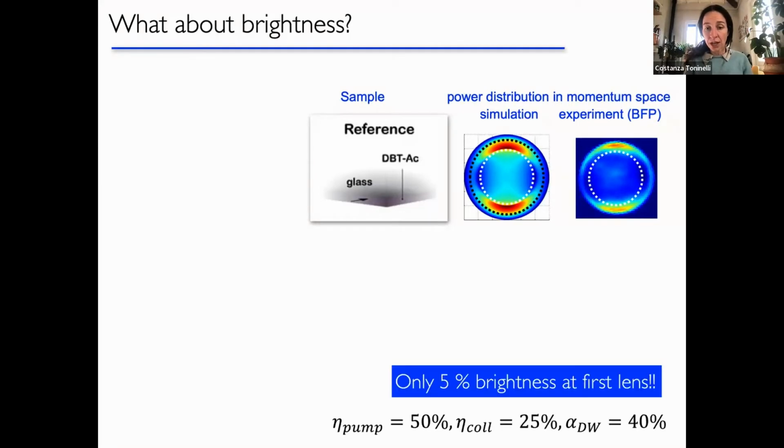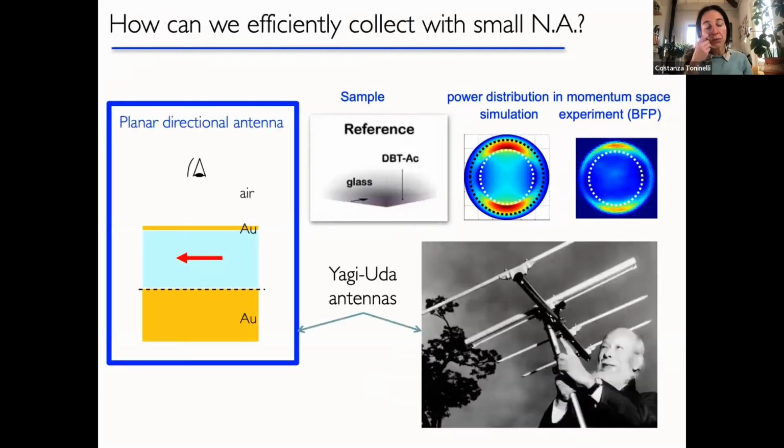The first idea was inspired by the Yagi-Uda antenna designed at radio frequency, in which you have these metallic elements and a feed element that induces oscillations in all the other metallic elements, and the constructive interference among the radiation patterns builds up in the direction of the observer.